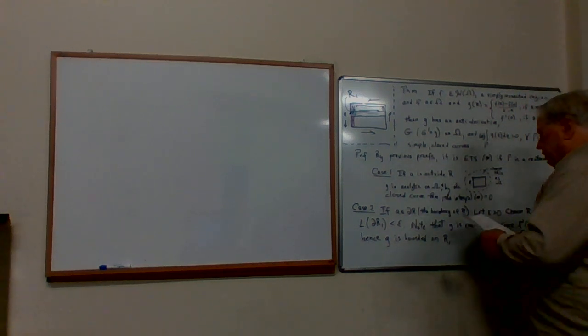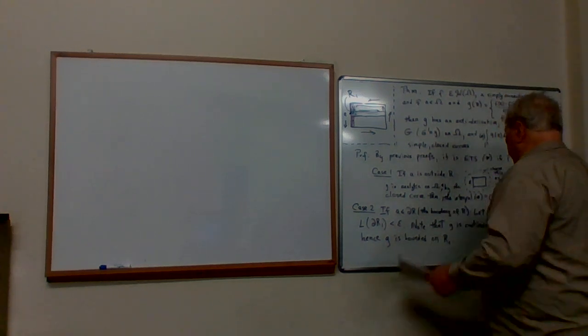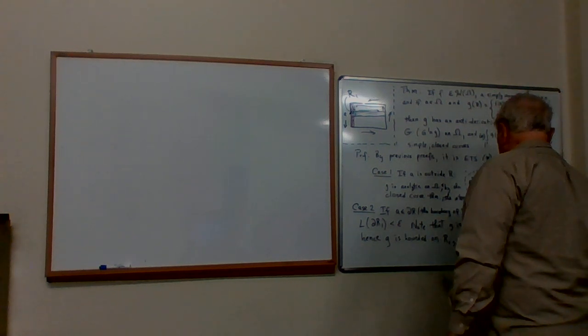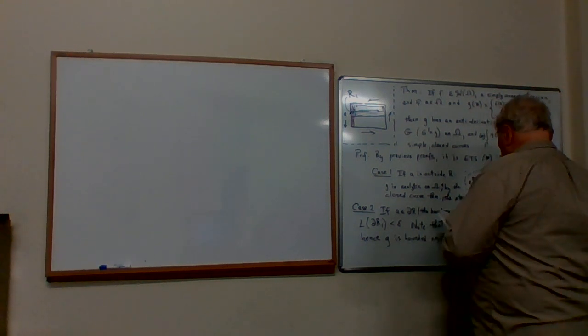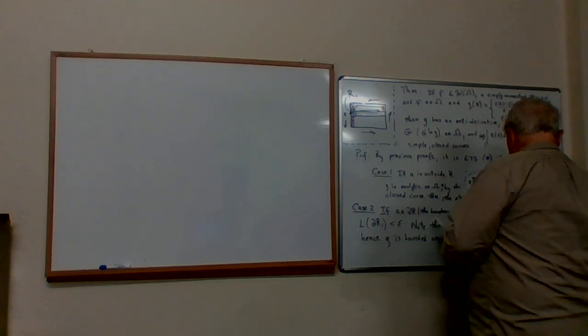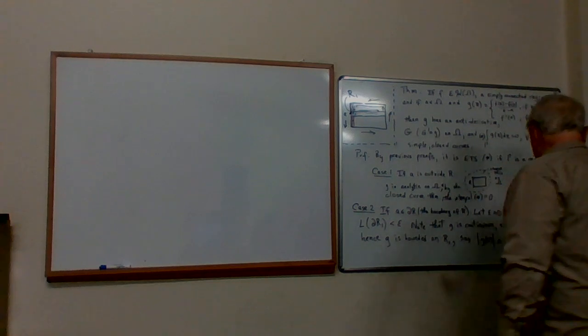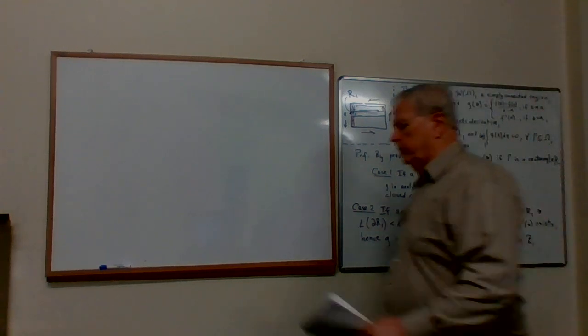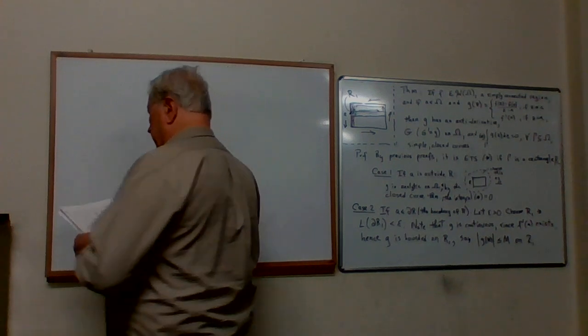So it's bounded on R1, say the absolute value of g of z is less than or equal to M on R1. Okay?